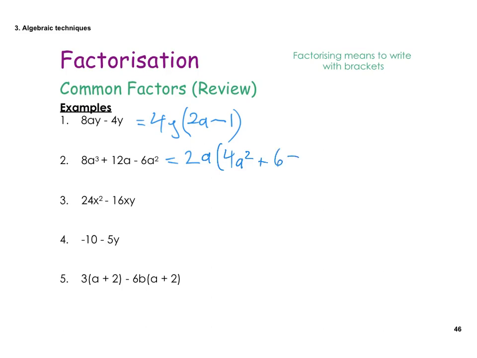Then take away 3a. Okay, and that's our answer there. Now the great thing about factorising, if you ever want to check your answers, if you expand it again, you would expect to go back to your original question, because factorising and expanding are the exact opposite things.